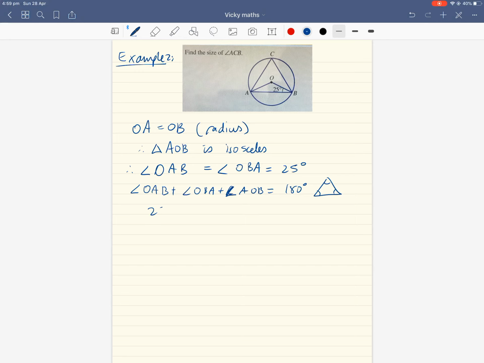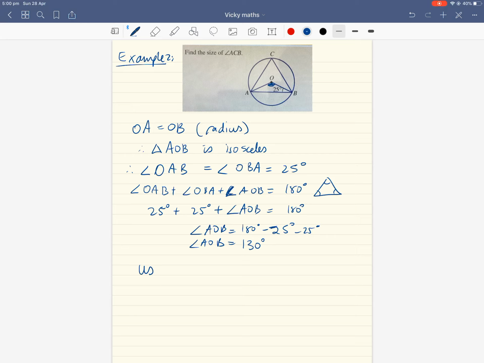Let's substitute. So OAB is 25 degrees, OBA is 25 degrees, AOB we don't know what it is. Well, we'll just try and work it out. So angle AOB is 180, take 25, take 25. In other words, angle AOB is 130 degrees. Okay, so we've got the base angle of the compass circle theorem.